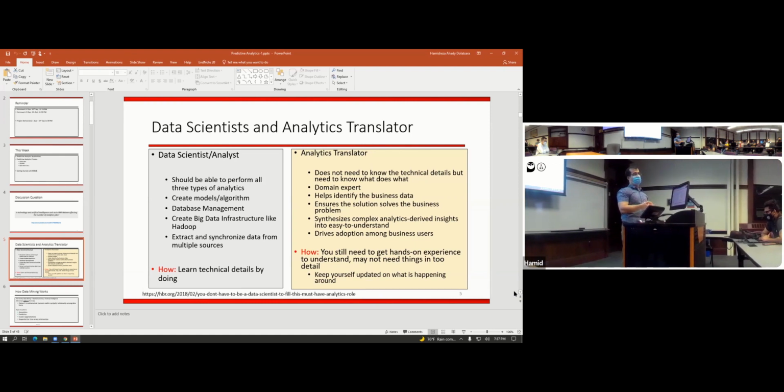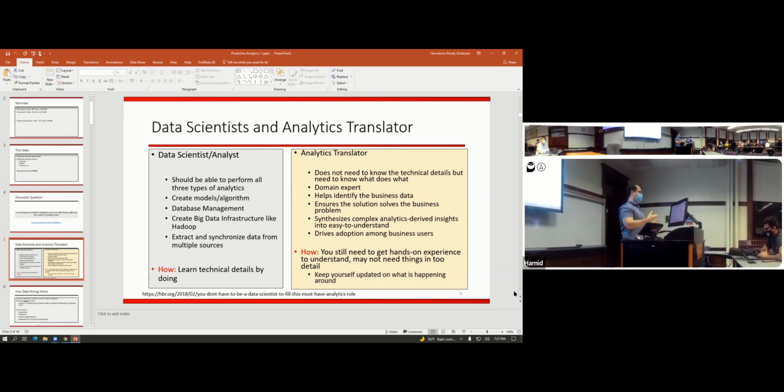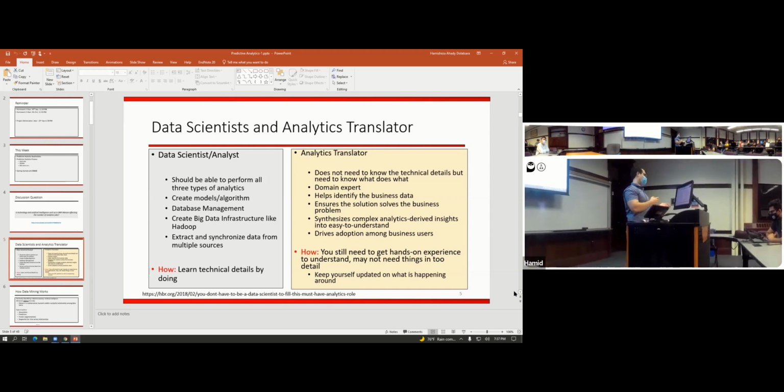At the same time, people who are experts in the domain should know what those analysts mean when they talk about prediction or association. But they don't have to be experts in certain algorithms.